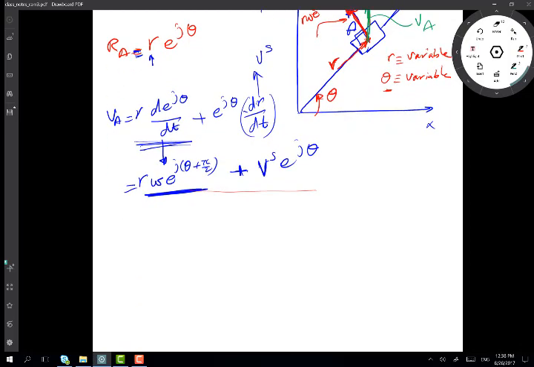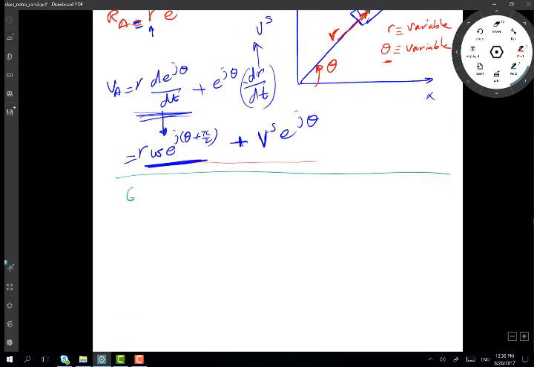All right. If we quickly wanted to do an example, let's do this example now.